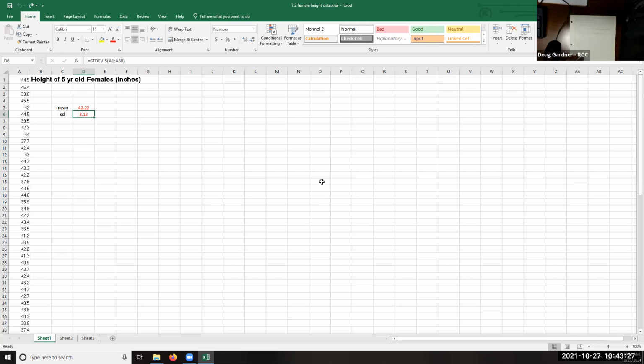That's a big takeaway from this class, because again, we're talking about whether someone is okay health-wise, whether they're growing okay. So I'm gonna figure this out really quick. 42.22 minus 2 times 3.13. I'm getting 35.96.